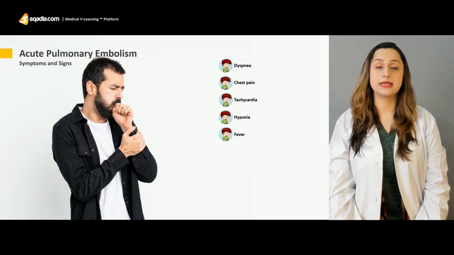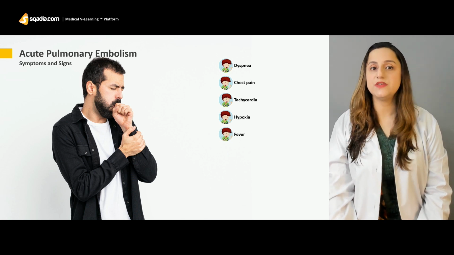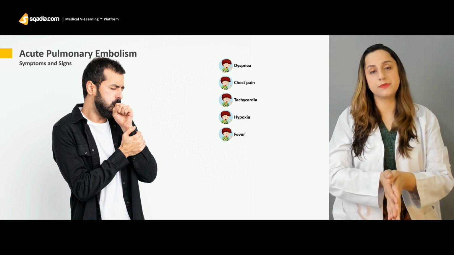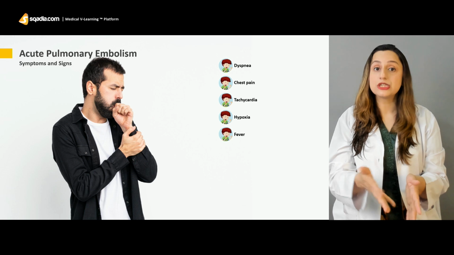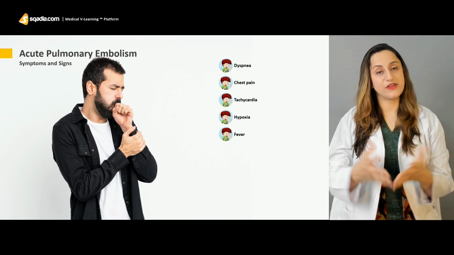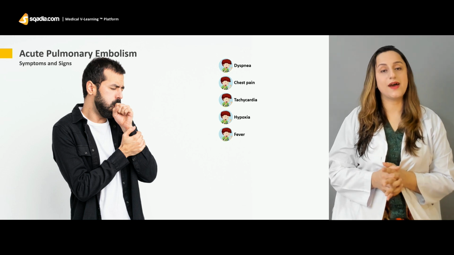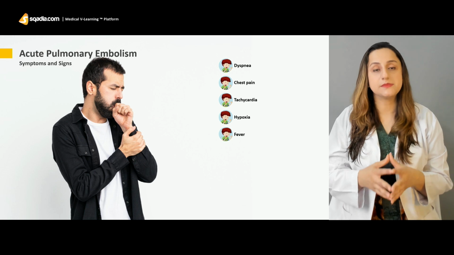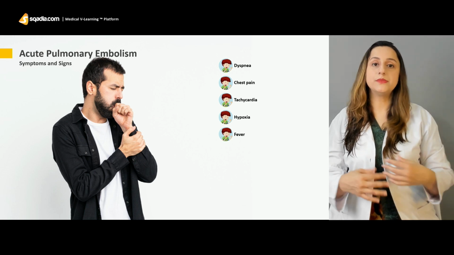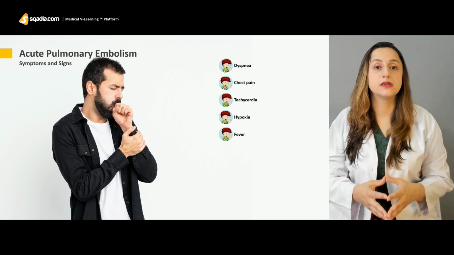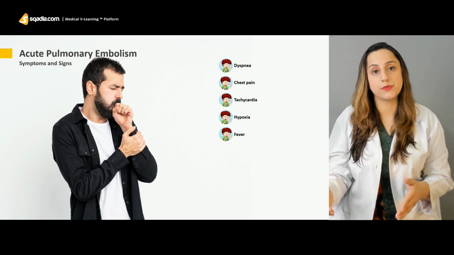Fever is sometimes associated. Now, why is fever present? It's just the embolus that traveled to the pulmonary circulation, because it is leading to an inflammatory reaction as well. It can lead to an infectious state as well, and it can be an overlapping factor. Sometimes pneumonias or any sort of infections are associated along with this pulmonary embolism.